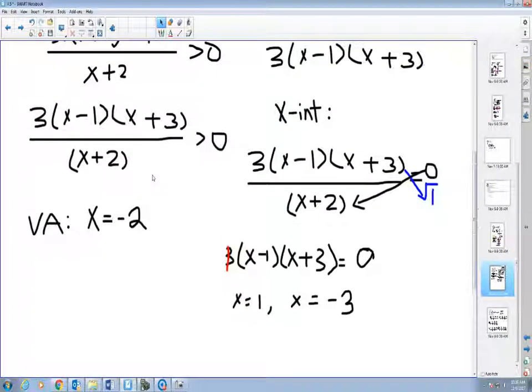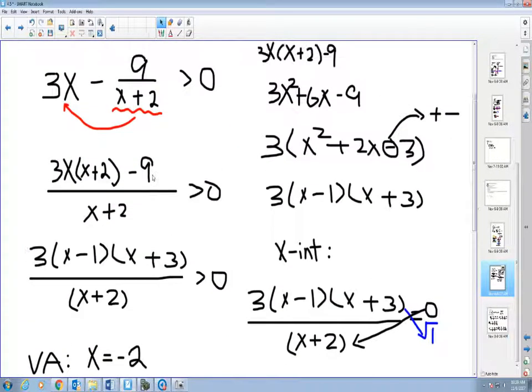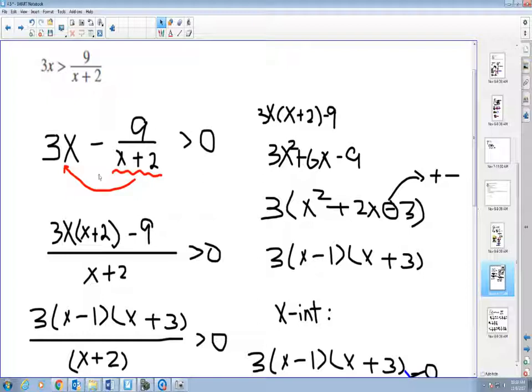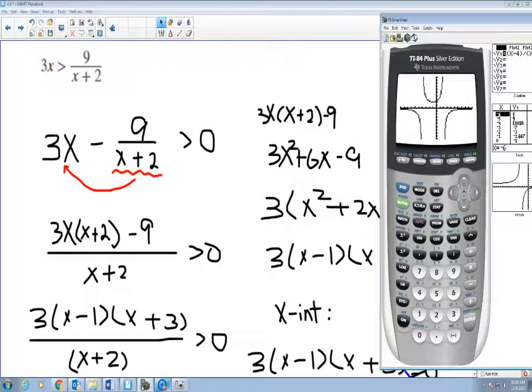Alright, let me grab this function. What do I grab? I grab this original part right here when I move that term over. 3x minus 9 over x plus 2.